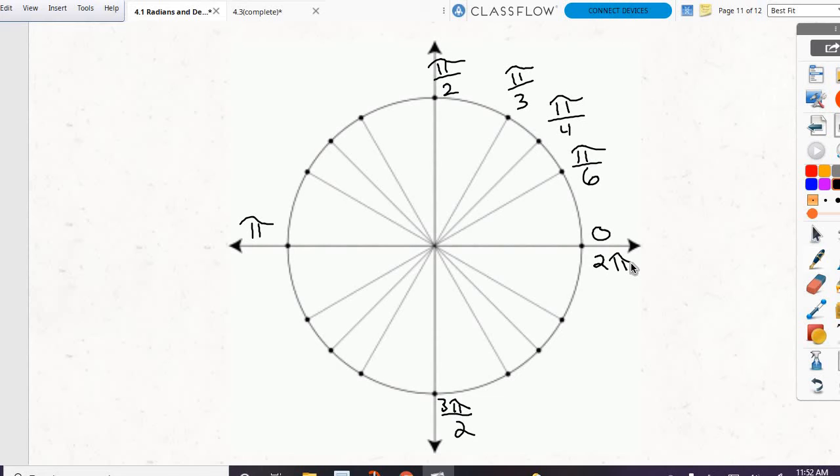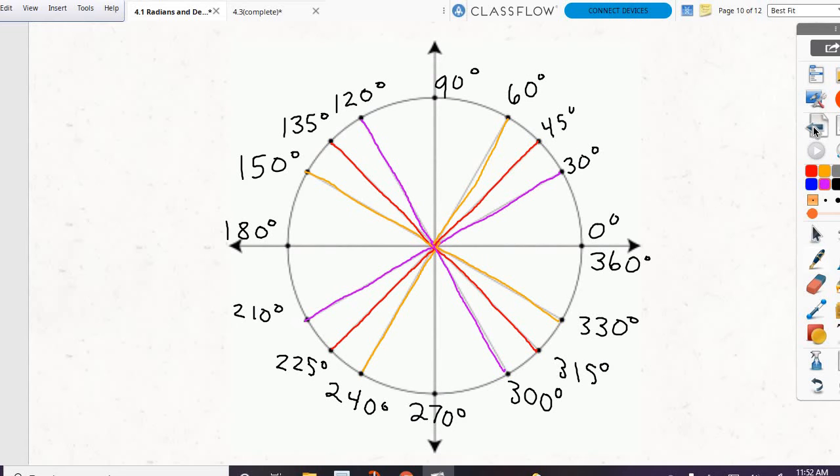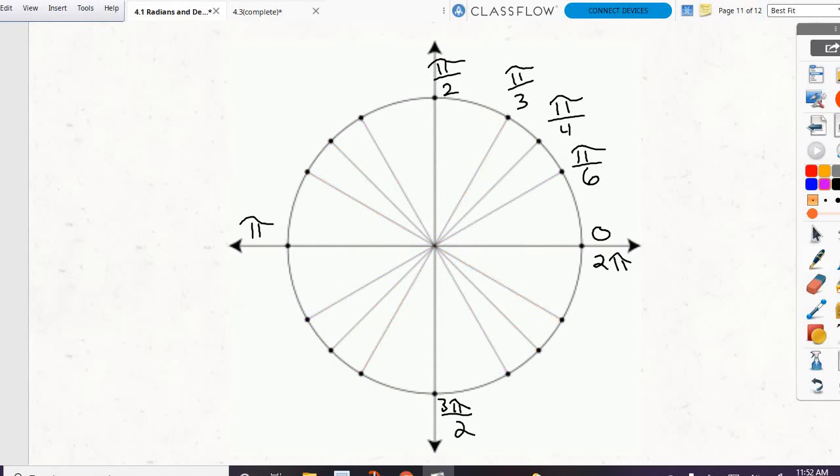Now, there are two different ways that we can approach this. The first is that we could just take this circle and use our conversion rate, which, remember, we would multiply by pi over 180. But we want to practice getting better at doing operations with our radian measure.